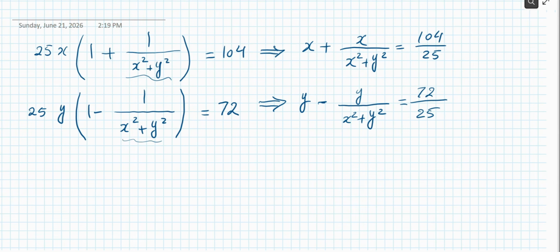We then multiply the second equation by i and add these two equations to each other.